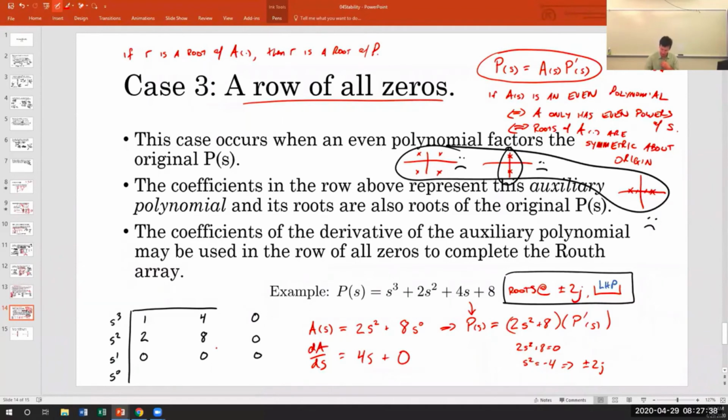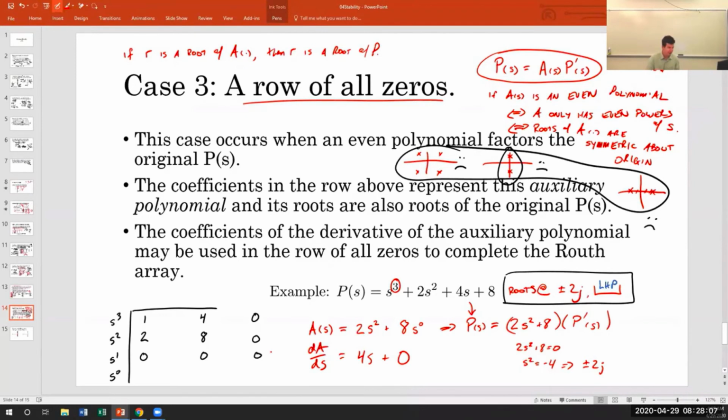So at this point, I know that the original polynomial, well, okay, from the very get-go, I know the original polynomial has 3 roots. Agreed? Yeah. Okay. So if I come across this situation with a row of zeros, that tells me that an even polynomial factors. And in this particular example, because it's third order, that even polynomial has to be second order, because it's the only possible even polynomial that could go in.